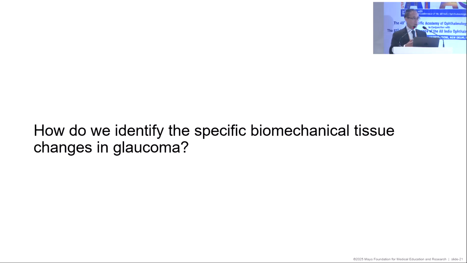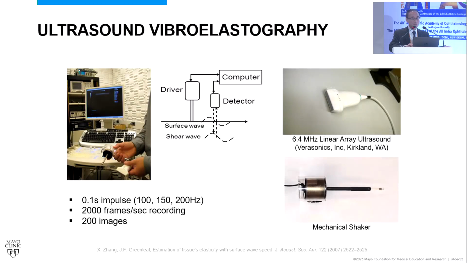But how do we start to determine what specific biomechanical tissue properties occur in glaucoma, and whether they are actually causative of glaucoma? This gets to some work that we've been doing over the past several years using a technique called ultrasound vibroelastography. It involves using ultrasound to image the eye and a mechanical shaker to gently generate a wave inside the eye.